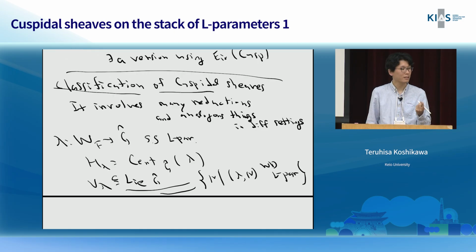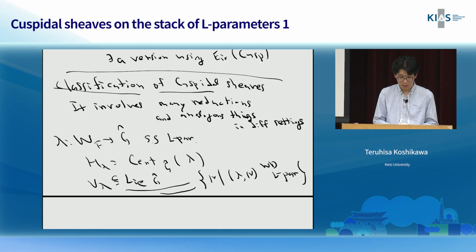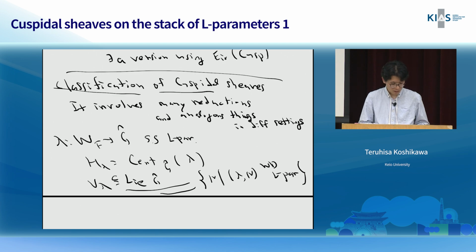Maybe the default definition of parameter in this summit is a radically continuous one, but a radically continuous parameter corresponds to the Bernstein-Zelevinsky parameter, and I'm using that convention. And fixing lambda, I consider the space of n such that lambda and n form Bernstein-Zelevinsky parameters. Okay?